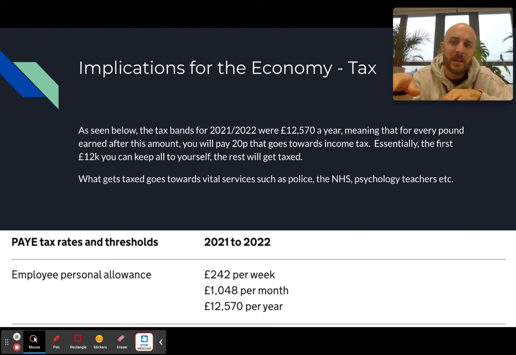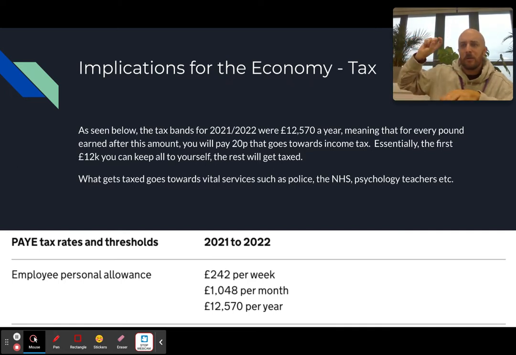So the basic way to think about it is up till you're earning 12 and a half grand, you pay no tax. But for every pound you earn over 12,570, you will pay 20p towards the NHS, the police, blah, blah, blah.